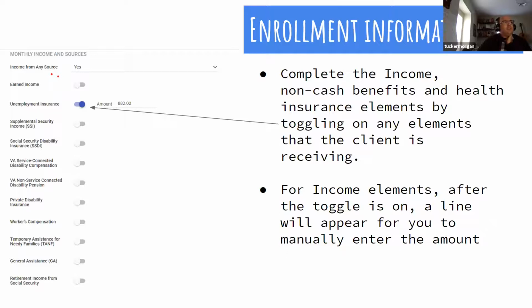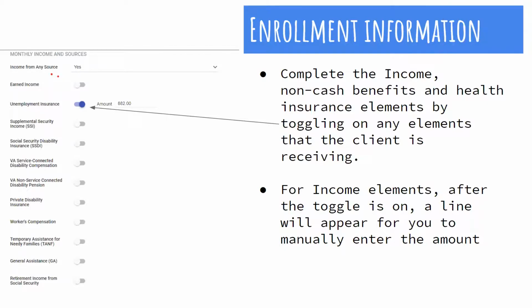It depends on your program, how the program is being managed. If the client has abandoned, given up their unit, but they still haven't used all of the rental assistance or all of the case management available in the program, and you are still working with them, you could dismiss them and re-enroll them rather than terminating them entirely.